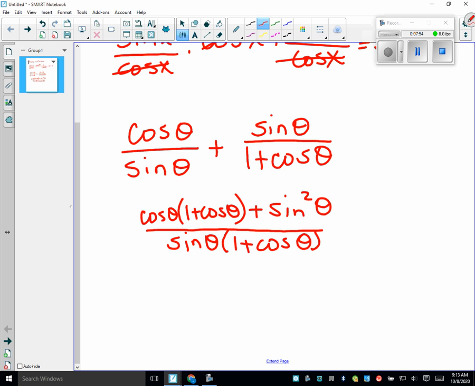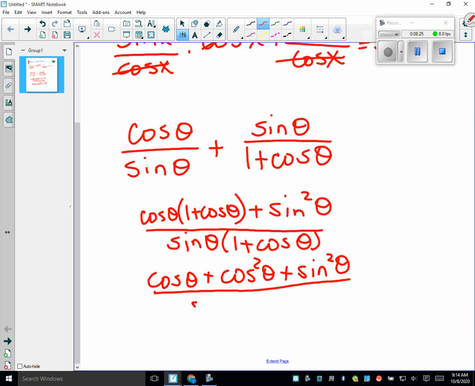Can I get rid of parentheses? So I have cosine theta plus cosine squared theta plus sine squared theta all over.